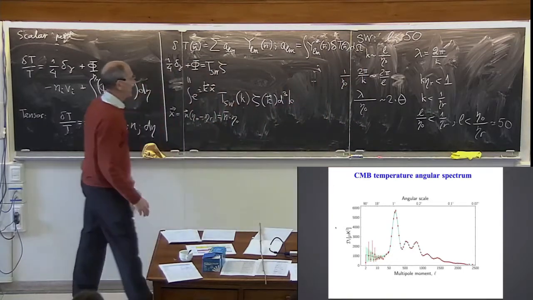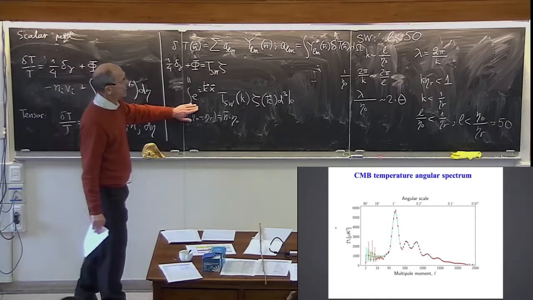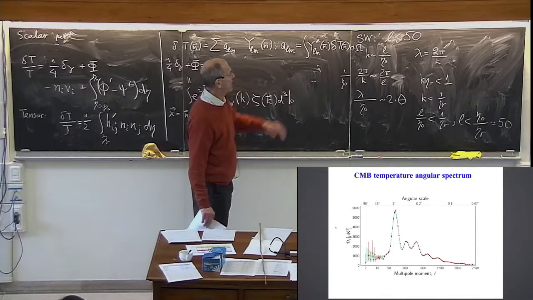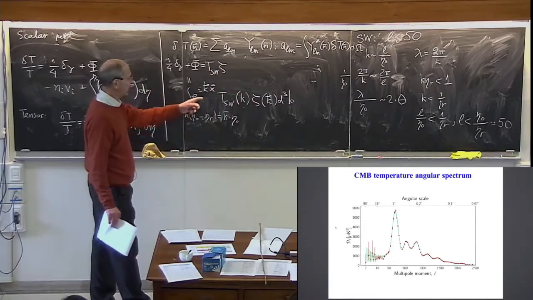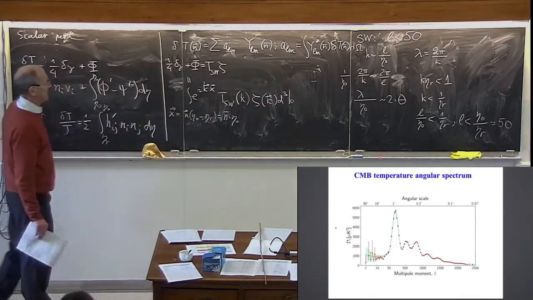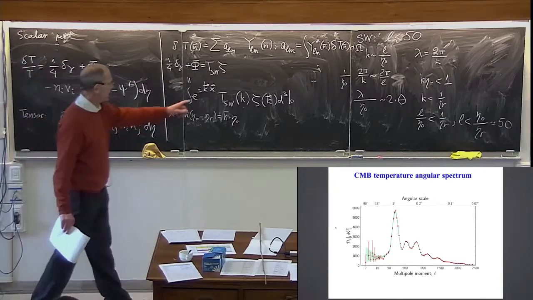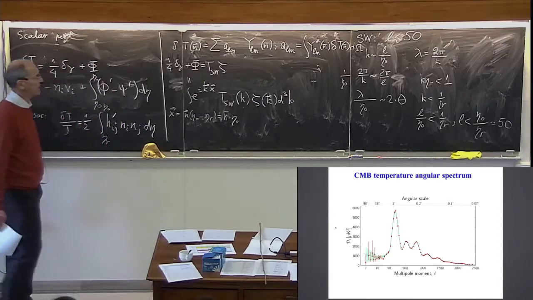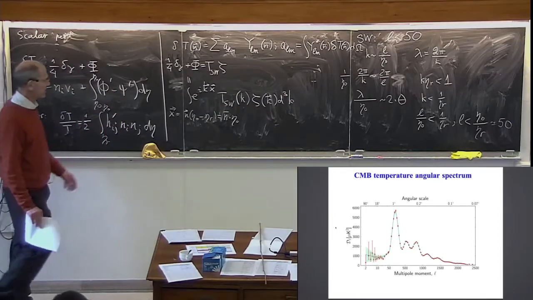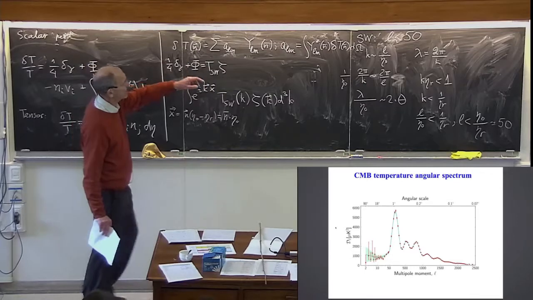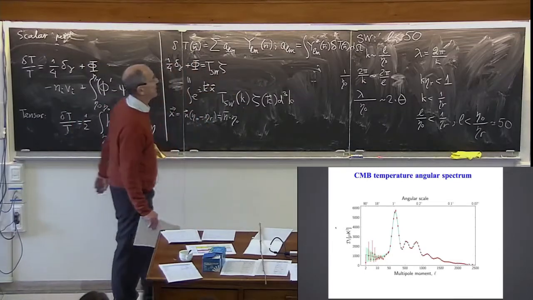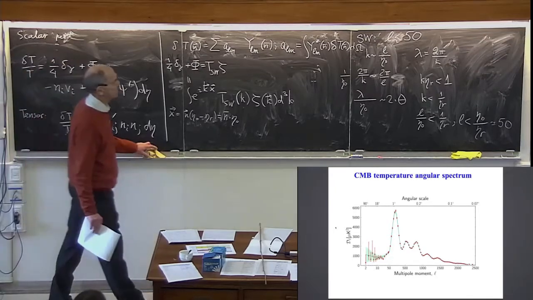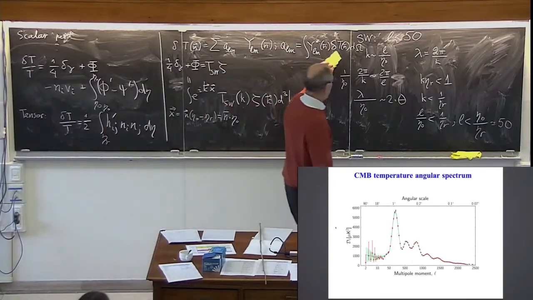Okay, you have to take this thing here, plug into this expression here, integrate over angles, integrate over momenta. So this guy depends on n through this x here, integrate over momenta, and calculate what is this delta T, what is this a_lm, and then take the average, and that will be your C_ls.